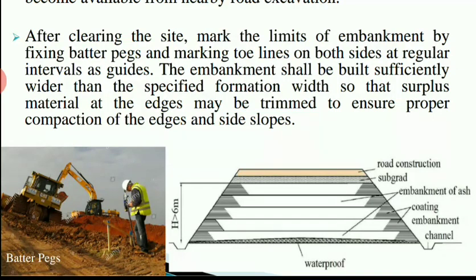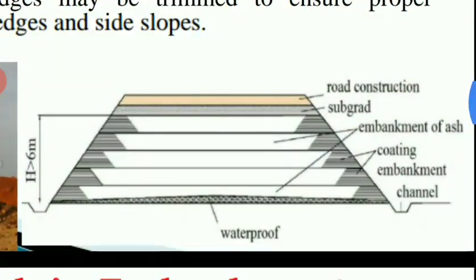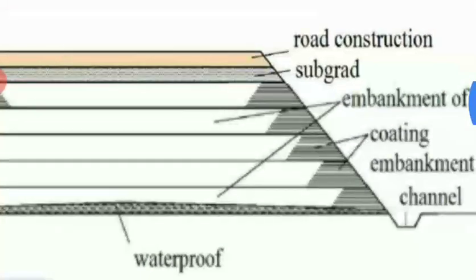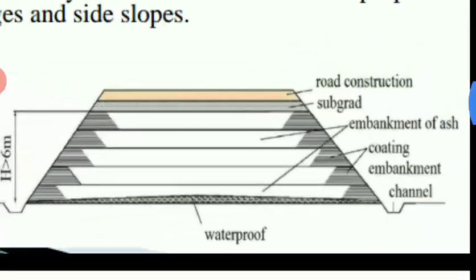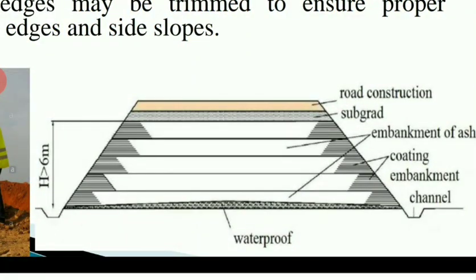Once it is fixed by using these batter pegs, the additional or extra material placed at the embankment can easily be removed, right? And here you can see the diagram of this embankment, the side slopes. This is considered the embankment, and it is going to resist some part of the load which is applied laterally.